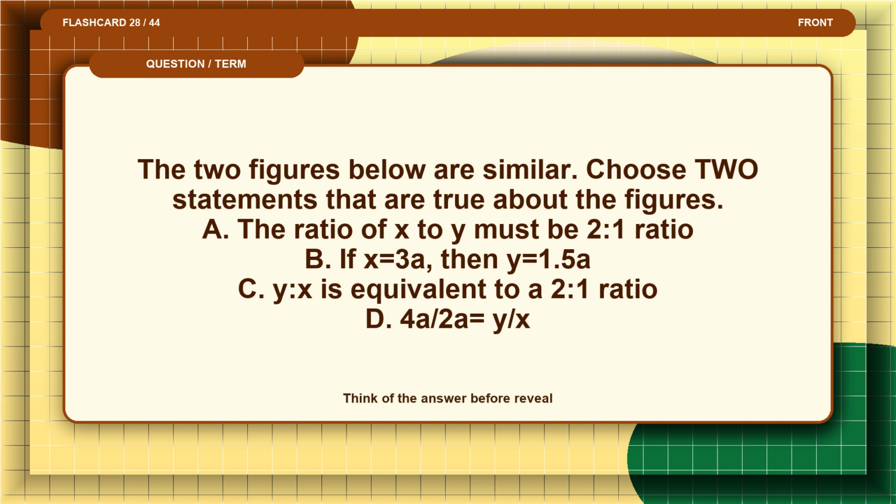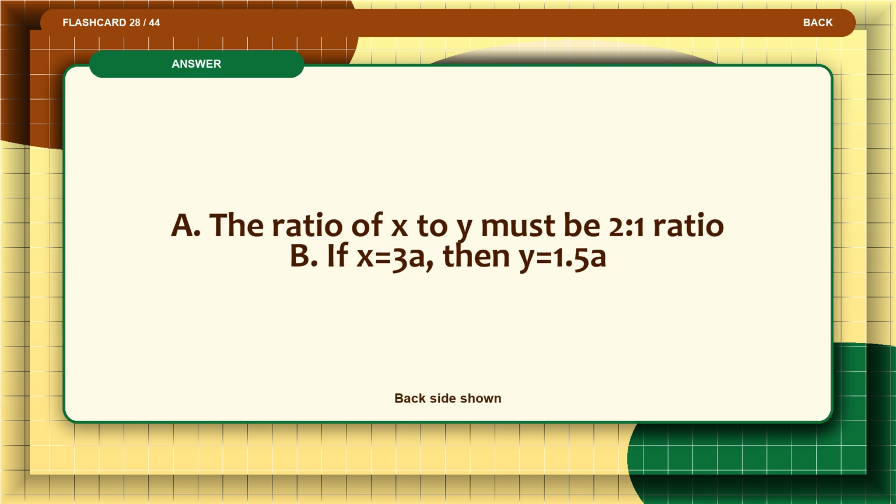D. a/2a equals y/x. Think of the answer before the reveal. The answer is A. The ratio of x to y must be 2:1, and B. If x equals 3a, then y equals 1.5a.